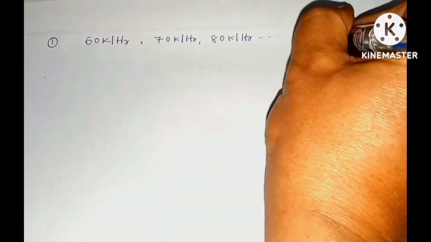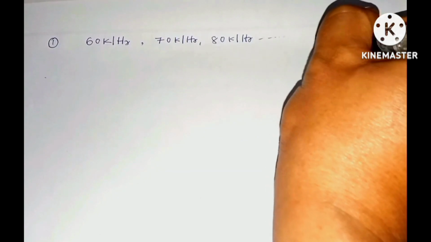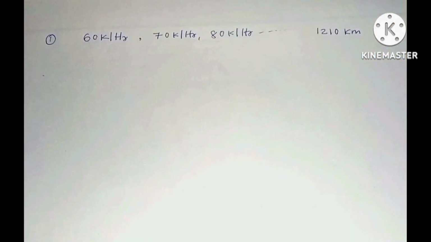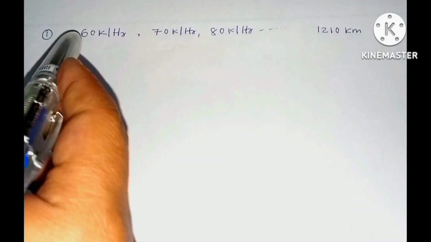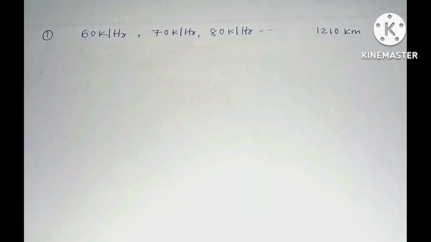And the total distance covered is 1210 kilometers. This is the total distance covered by the car, and we have to find out in how many hours, with this change of speed, the car will cover this distance.